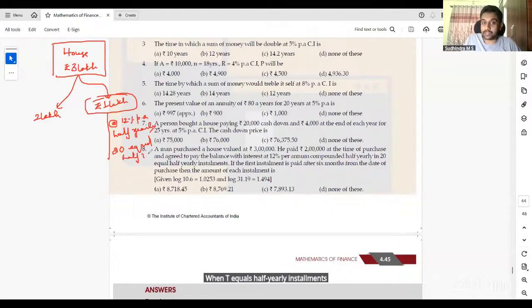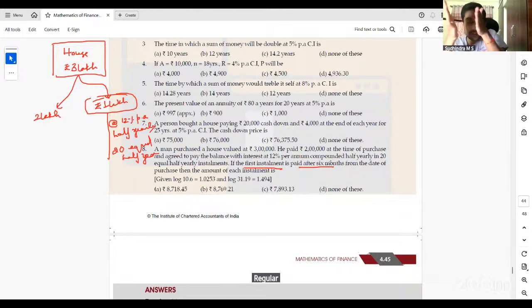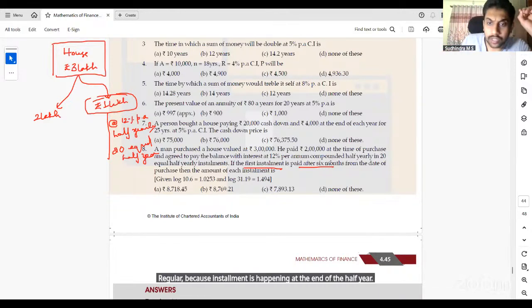Meaning in 10 years he pays. Every year 2 installments. 20 equal half yearly installments. If the first installment is paid after 6 months, annuity due or annuity regular? Regular, because the installment is happening at the end of the half year. Correct? Very good, Samruddhi. So it is annuity regular.